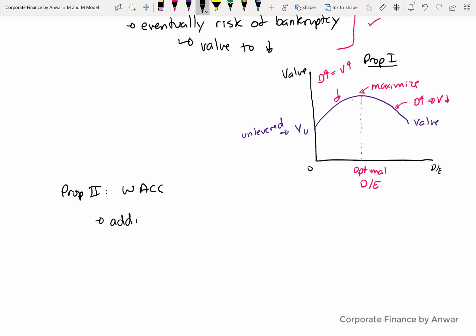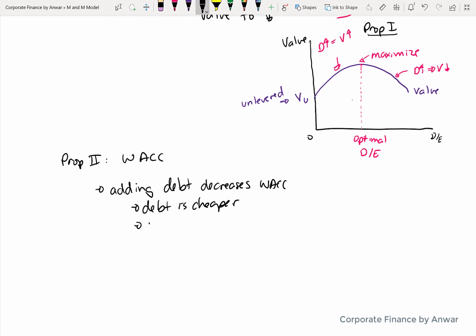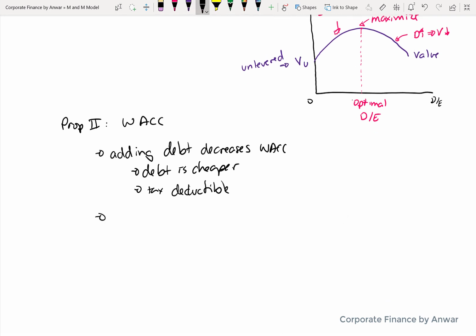Now, let's do the same thing, proposition 2, same case. What happens to the cost of capital when the company, again, has no debt and you start adding debt? The cost of capital goes down because debt is cheaper than equity, the cost of debt. And it becomes even cheaper when you take the tax deduction on it, because equity is not deductible.